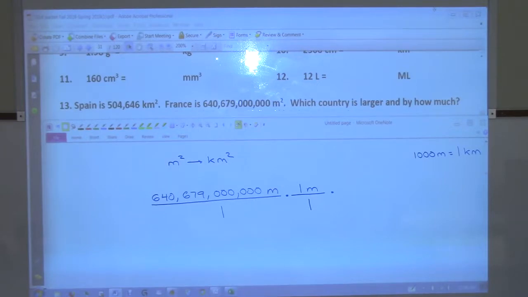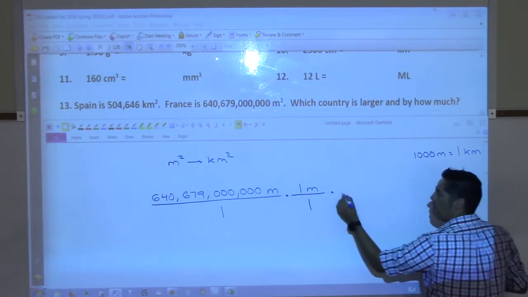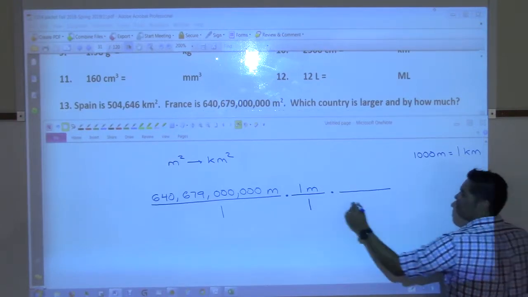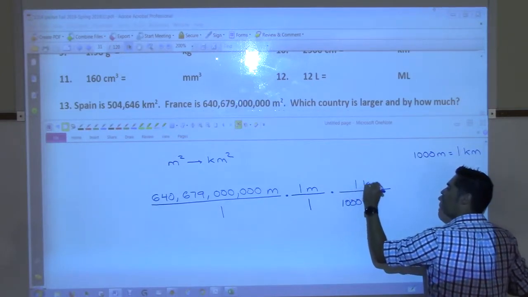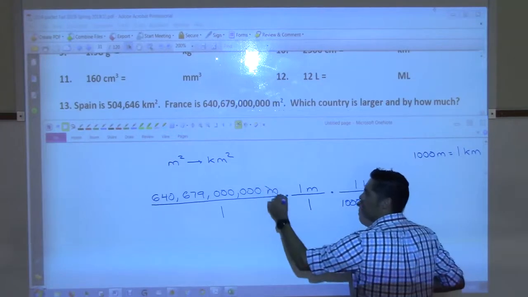So remember, I can create 2 different fractions from that. I want to get rid of meters, so that means I want meters on the bottom. So to write this as a fraction with meters on the bottom, I put 1,000 meters on the bottom and 1 kilometer on top. And then one of my units of meters will cancel out, right?